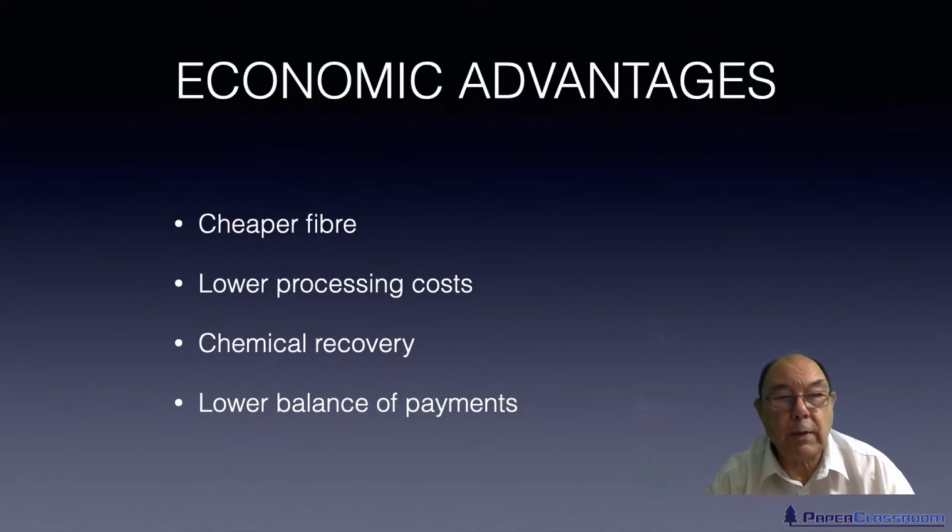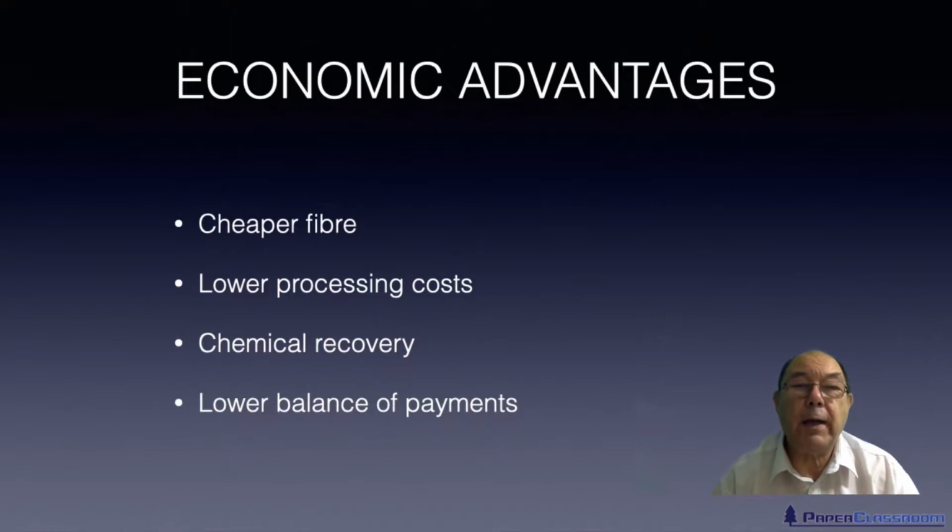They have lower processing costs. When you take a fibre, you've got to do work on it to turn it into the article that you want it to be. So when you're buying a recycled fibre, that work has already been done. You don't need to do any more work on it. You only need to clean it up. So you've got much lower processing costs.